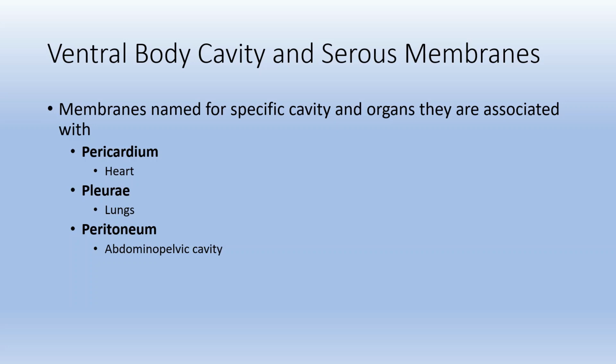And we can also do the same with organs found in the abdominopelvic cavity, like the stomach or the intestines. The layer of that membrane stuck to the surface of the stomach or stuck to the surface of the intestines can be called the visceral peritoneum. And the layer of that membrane lining the abdominopelvic cavity wall is the parietal peritoneum.